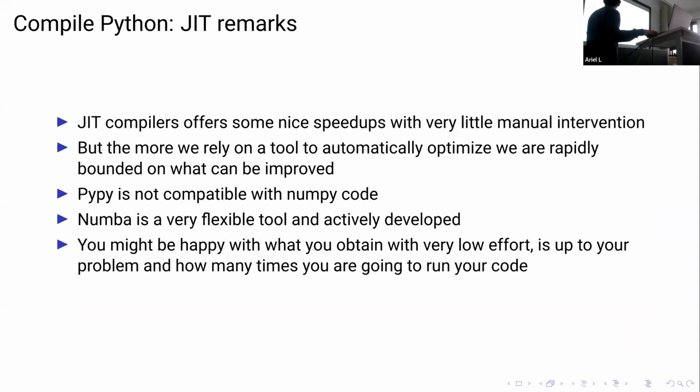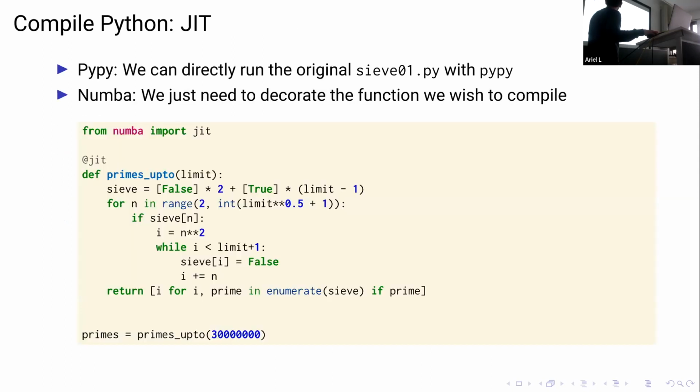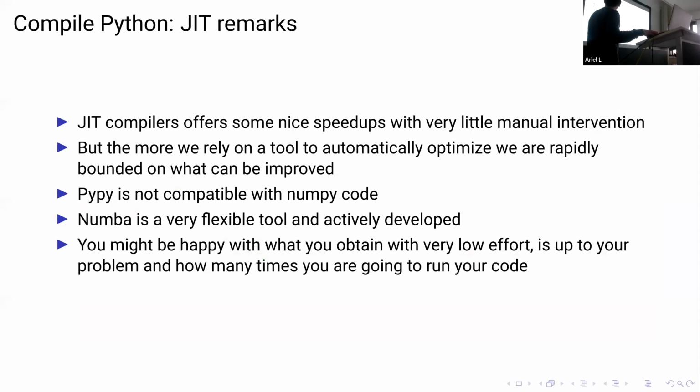I didn't show PyPy. We don't have it on the clusters. The main thing with PyPy is kind of the same as Numba: I don't modify the code at all. I execute it with the tool that PyPy provides, and it will also compile it and then run it. But the thing is that it is particularly not compatible with NumPy code.